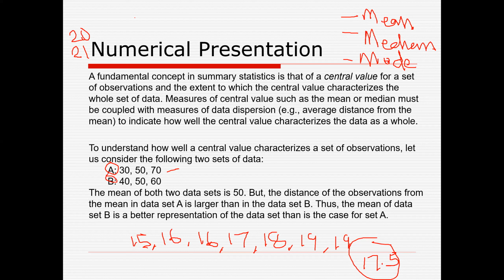So with this value now, the owner is able to compute and tell who is performing better among the two of you, because he has represented your daily sales for a period of 2 weeks with a value which is the average. That's your average sales. The same way, we can use 17.5 to represent the first year class and say, okay, those in first year class, they are averaging 17.5.